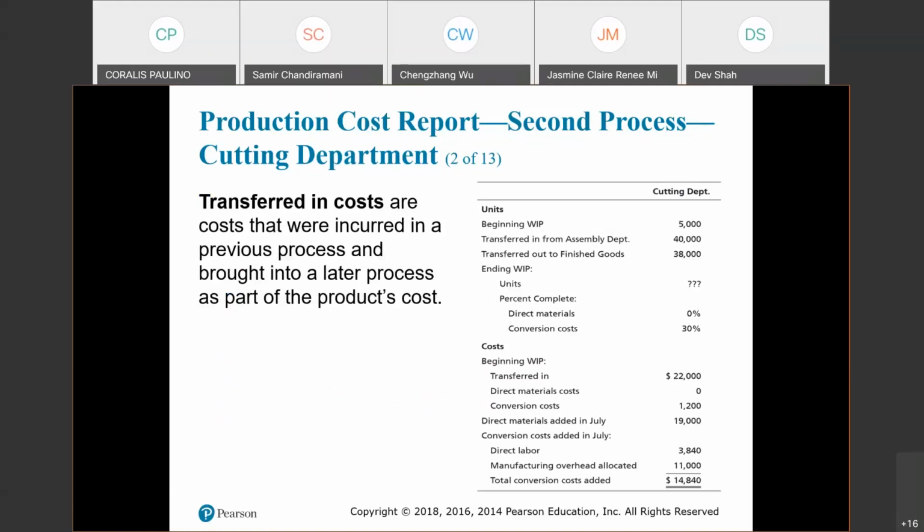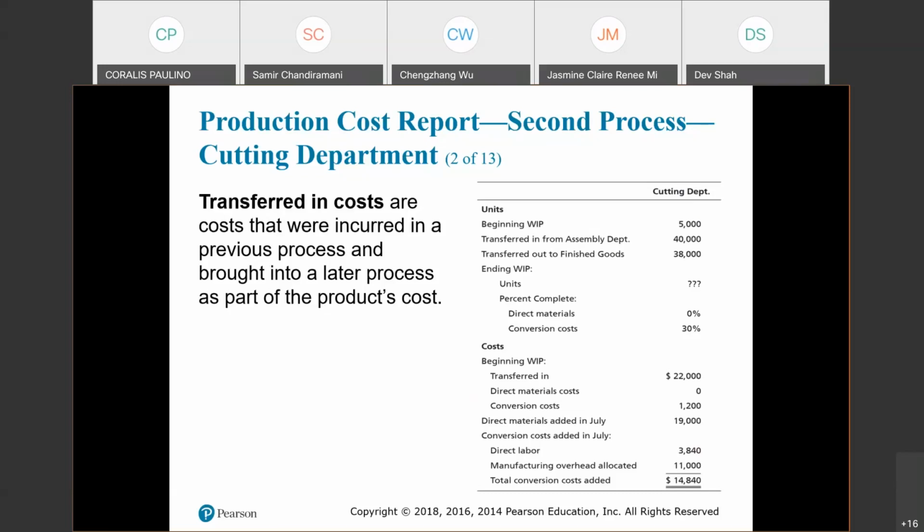Please keep in mind that direct materials in the cutting department refers to the boxes added in that department and not to the materials added in the assembly department. The costs of the materials from the assembly department that are transferred into the cutting department are called transferred in cost.